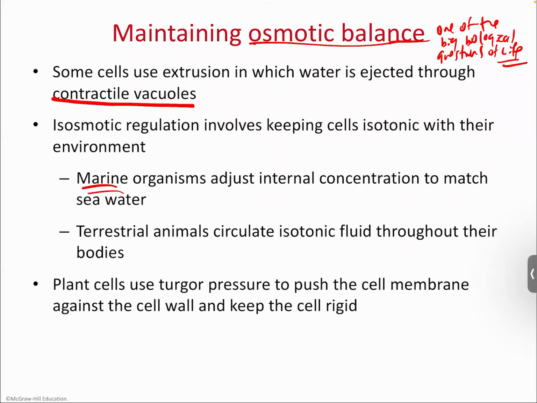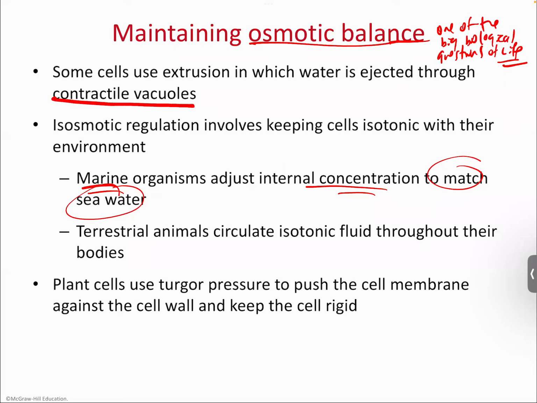If you're a marine organism, you have to answer it by basically making your internal concentration match the seawater. So you're basically calibrating your own internal saltiness to match the saltiness of the ocean that's around you. Or if you're a freshwater fish, to match the relative non-saltiness of the freshwater that's around you.